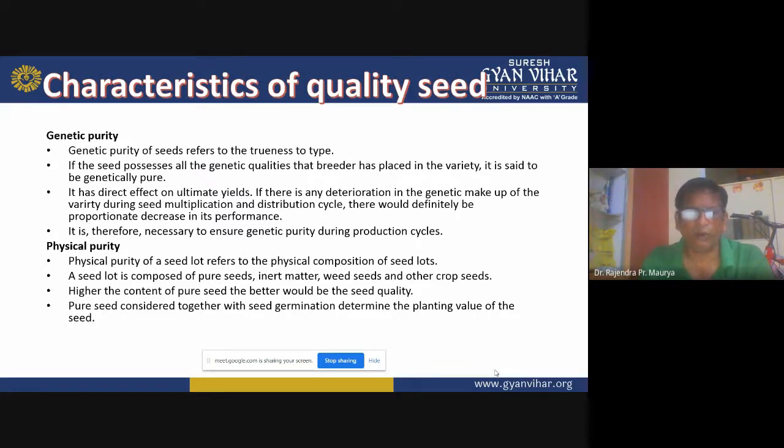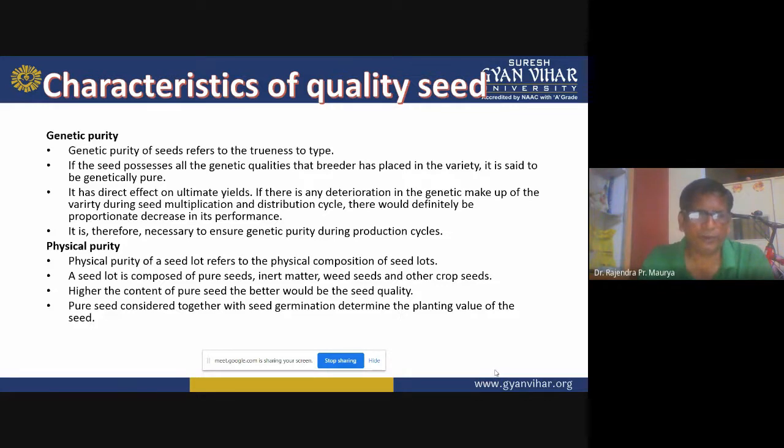That applies not only to a seed multiplication unit, but also to distribution cycles. There would definitely be a proportionate decrease in its performance, and it is therefore necessary to ensure genetic purity during production cycles.